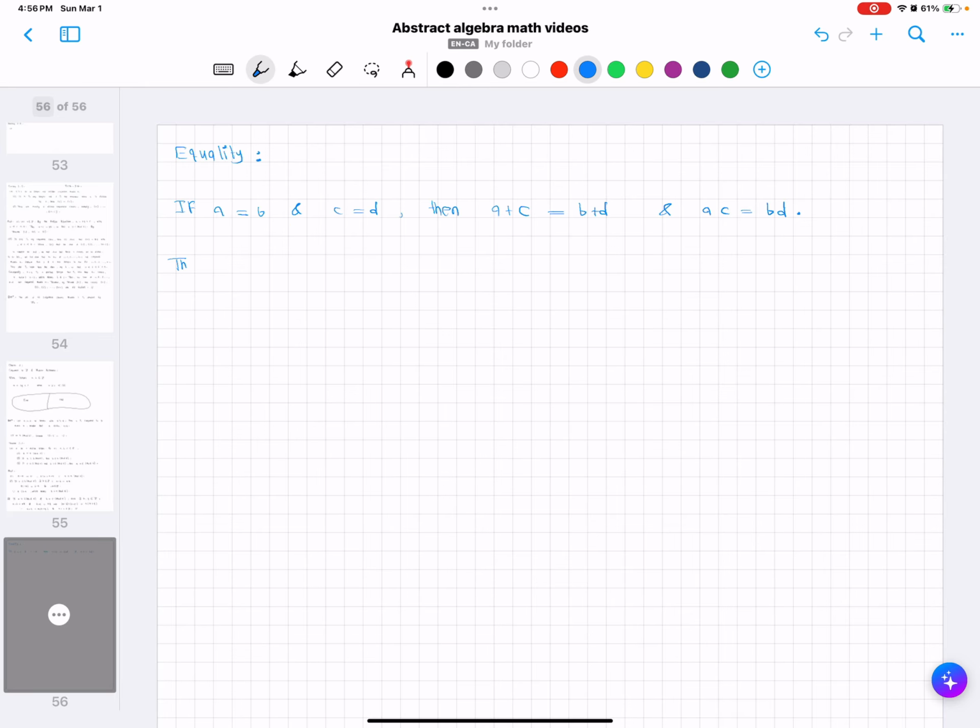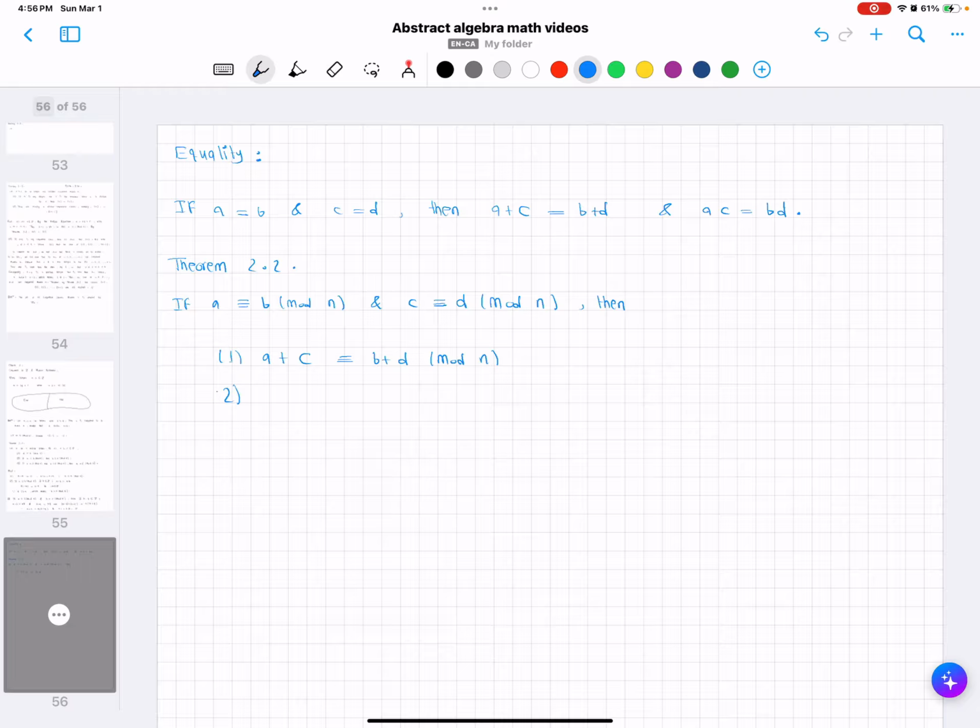Theorem 2.2. This tells you that if A is congruent to B mod n, and C is congruent to D mod n, then A plus C is congruent to B plus D mod n.